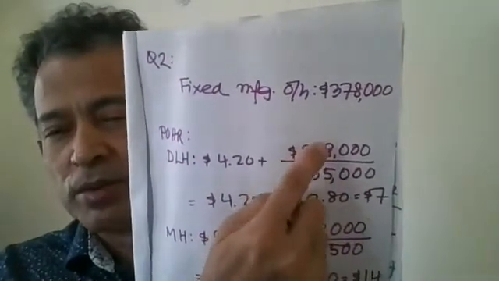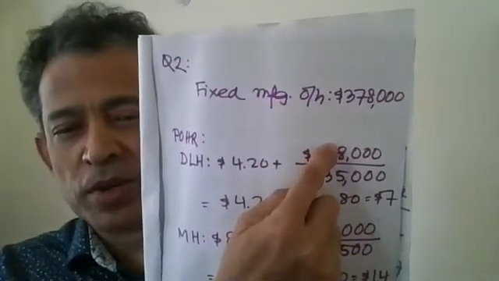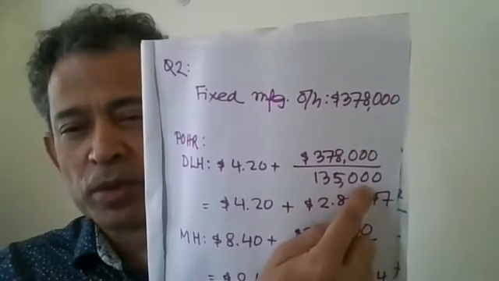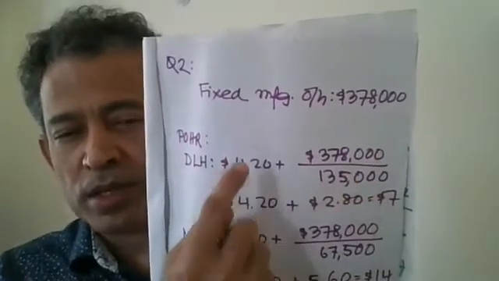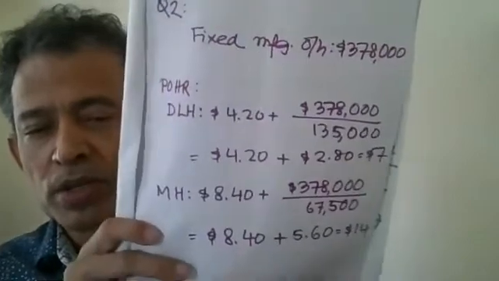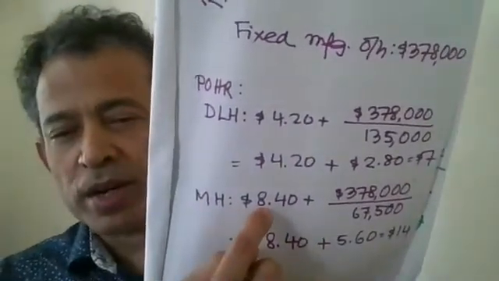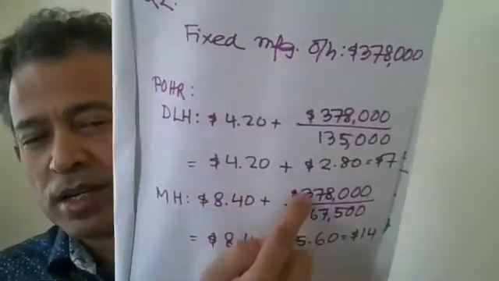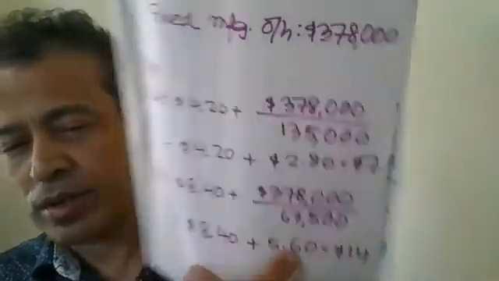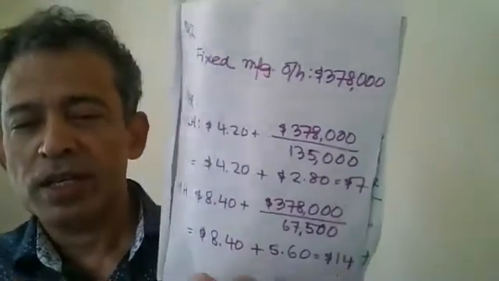The fixed rate is the estimated or budgeted overhead divided by the number of hours that we're planning to work. The variable rate was $4.20 and this gives us $2.80, so the two together is $7. And based on the machine hours, the variable rate is $8.40, leave it aside, calculate the fixed component. So $8.40 plus $5.60, the two together is $14.